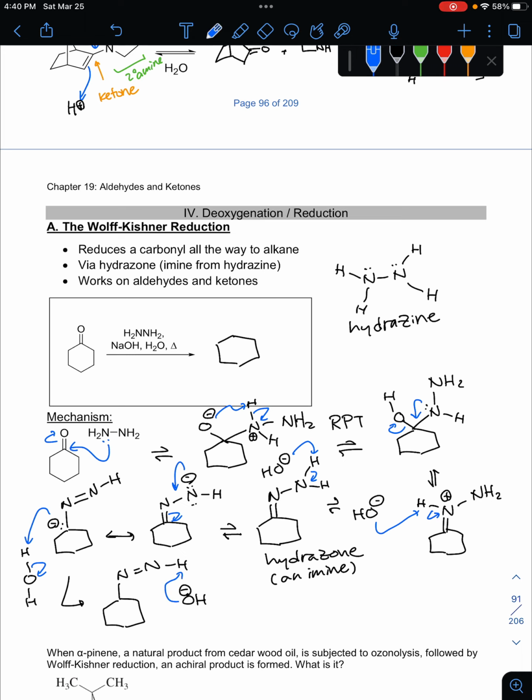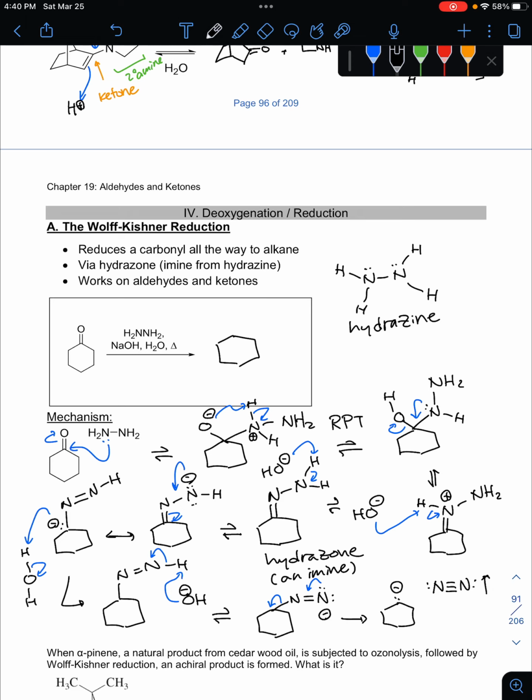Because if another proton gets removed by a strong base, right, we have this situation, which of course if that extra lone pair gets shared between the two nitrogens to leave behind those electrons, so that this could evolve away as nitrogen gas.